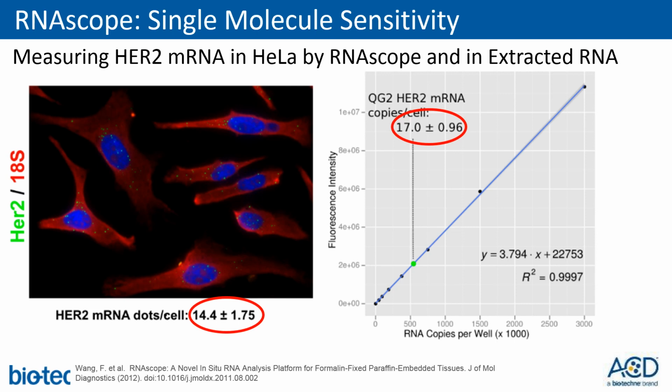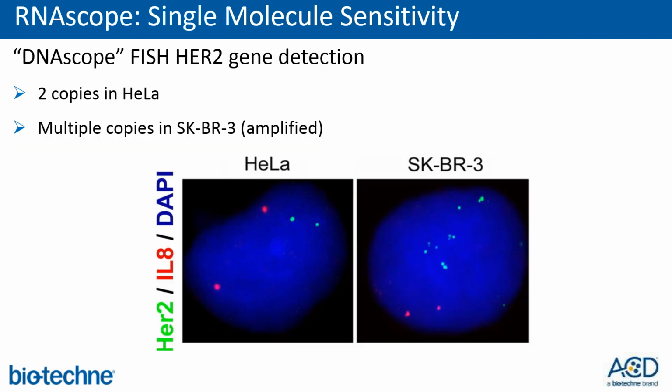Now, if this assay is run under slightly different conditions, which enable permeabilization of the sample and exposure of DNA, this same probe, which is detecting HER2 RNA here, reveals two dots in those same HeLa cells when we're now detecting DNA.